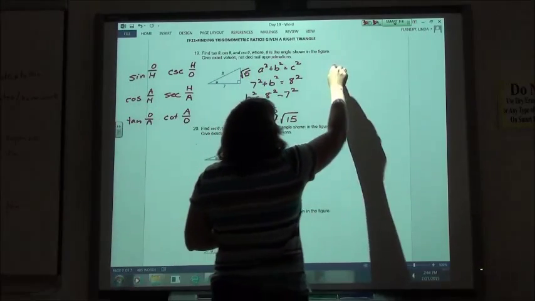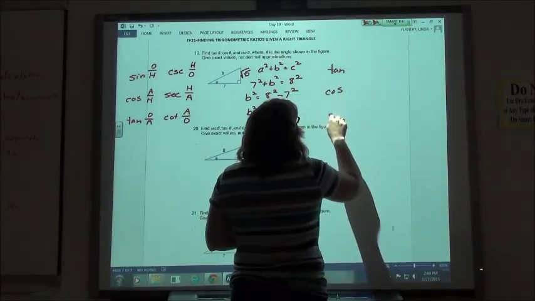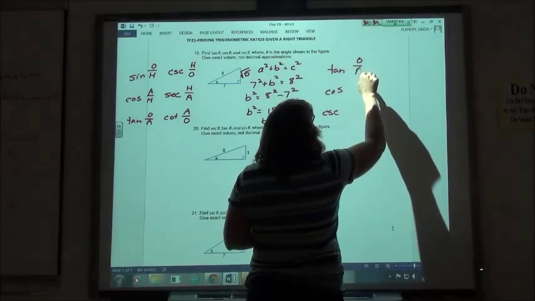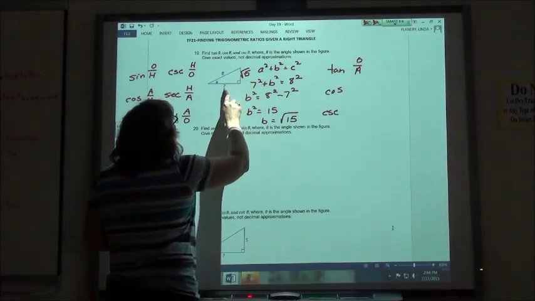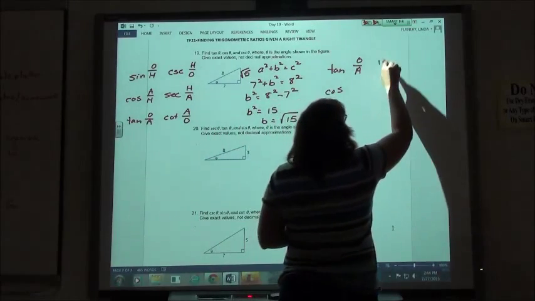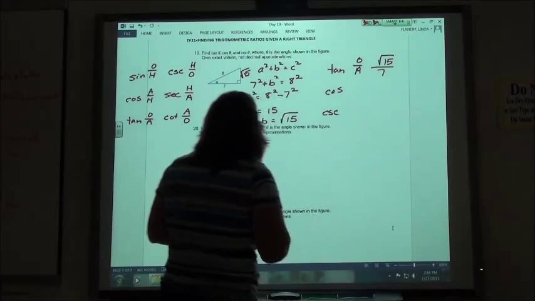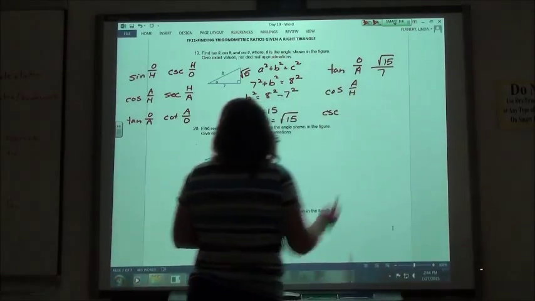And we are going to do tangent, cosine, and cosecant. Tangent, opposite over adjacent. So the opposite is square root of 15, adjacent is 7. So square root of 15 over 7. Cosine, adjacent over hypotenuse.